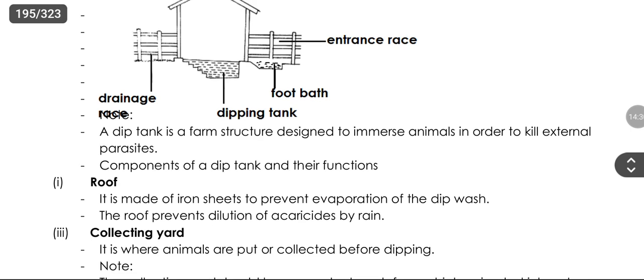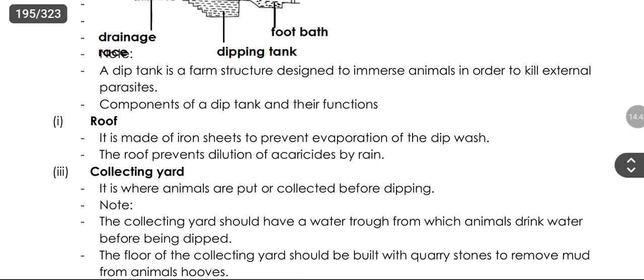The drainage race is where the animal stands after coming out. Drainage means water flowing out. So the drainage race is where cattle stand. So there is what we call the collecting yard.